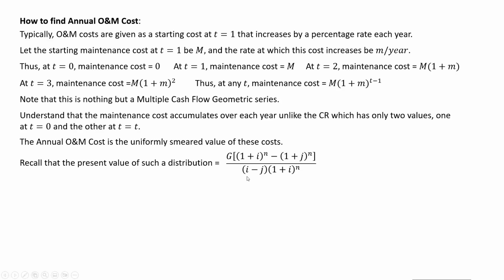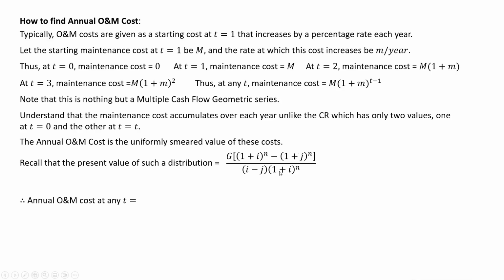Now, in our case, what do we have? We don't have a G. Instead, we have an M. M is playing the role of G. We don't have a lowercase j. Instead, we have a lowercase m. i is still that same minimum attractive rate of return.